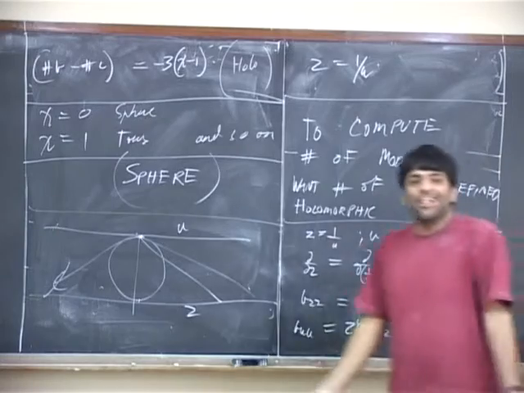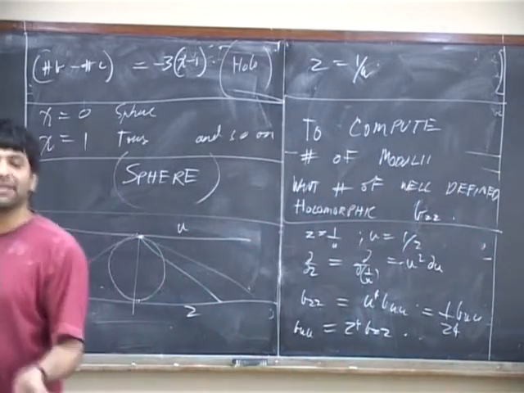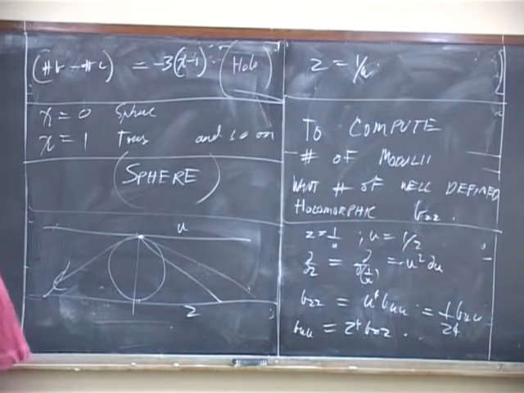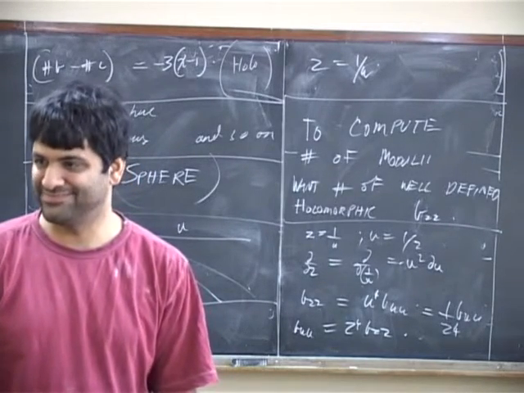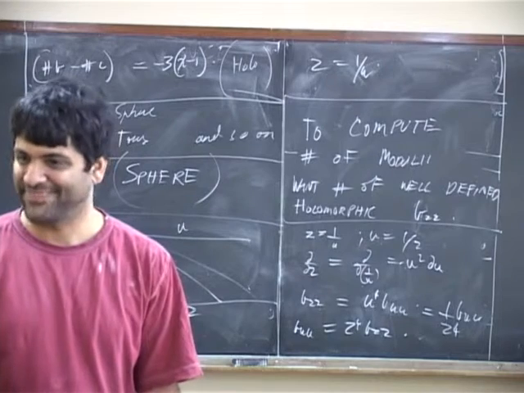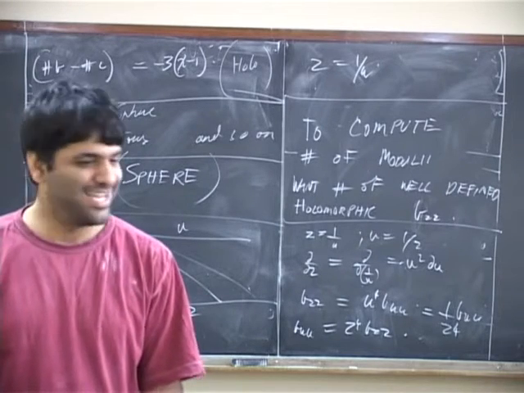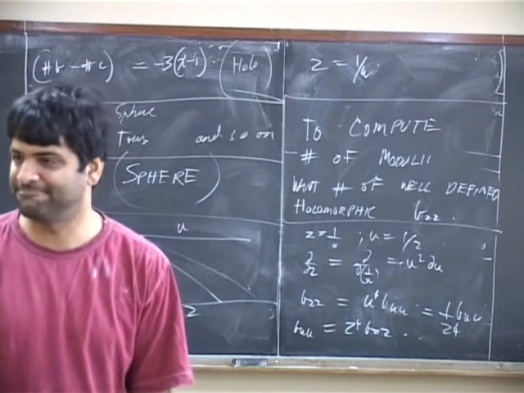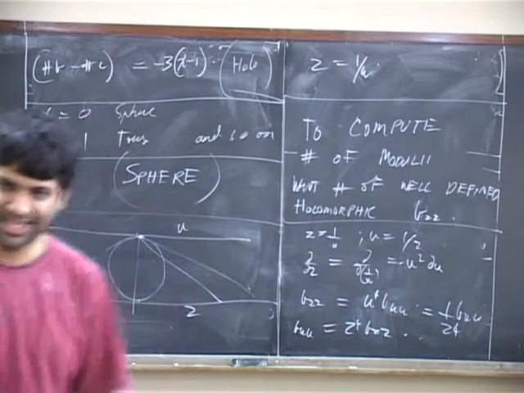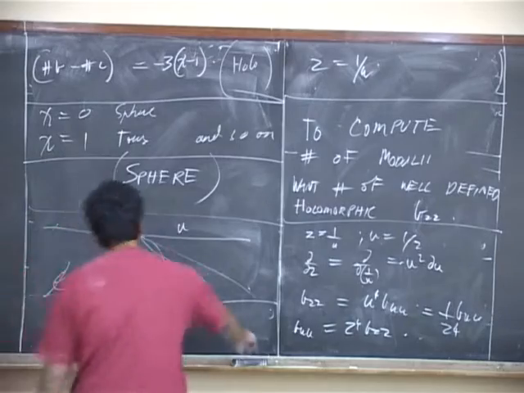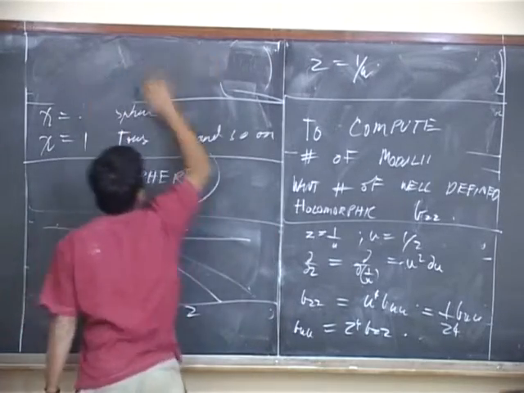So there are no zero modes of the operator P dagger on the sphere. Is this completely clear? Now let's work out the number of zero modes of the operator P.